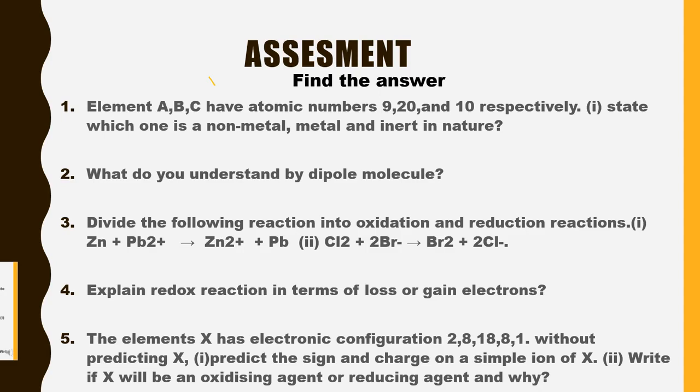Fourth, explain redox reaction in terms of loss or gain of electrons. The final one, the element X has electronic configuration 2, 8, 18, 8, 1. Without identifying X, predict the sign and charge on a simple ion of X. Write whether X will be an oxidizing agent or a reducing agent and why.